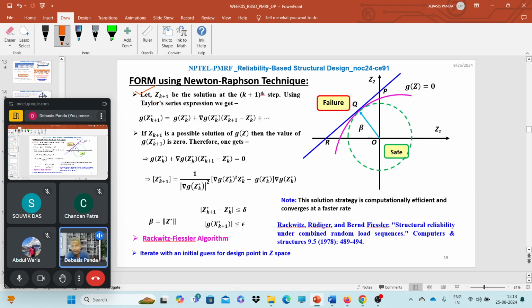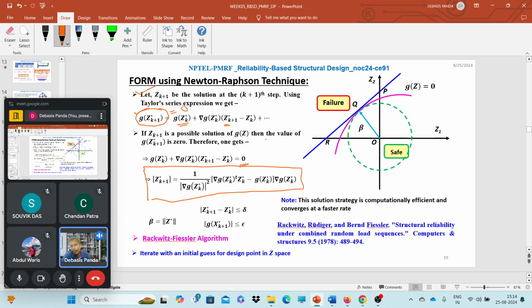Once we have that, we can easily expand it using the Taylor series expansion, which is nothing but the initial or previous value plus the gradient term. Now if this is a solution of this problem, then obviously this will equal 0. Once we get this, we can simplify the equation: z(k+1) is equal to 1 by the gradient of z(k) squared, and the remaining part.